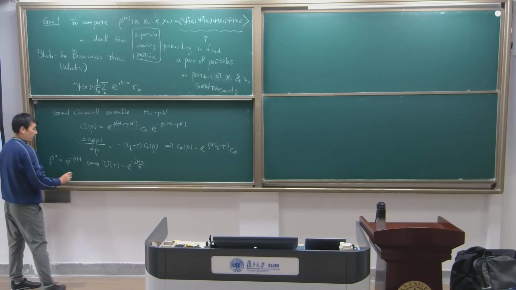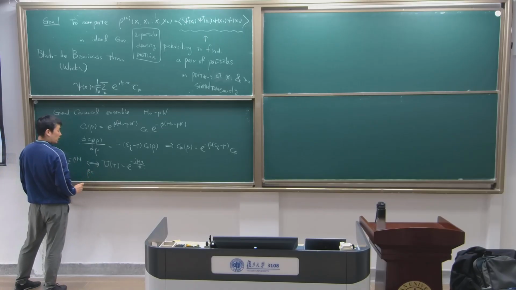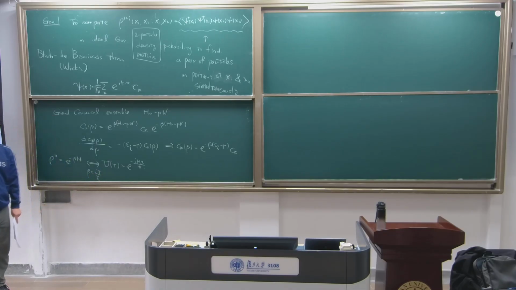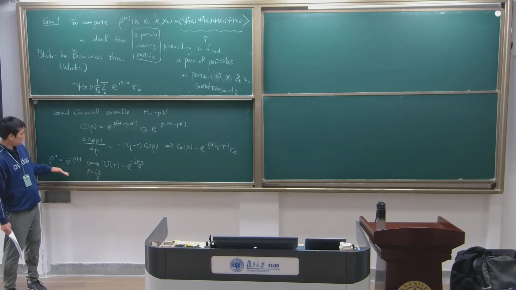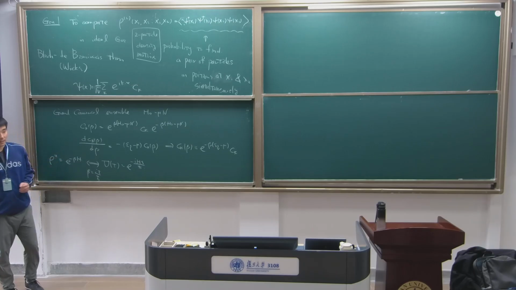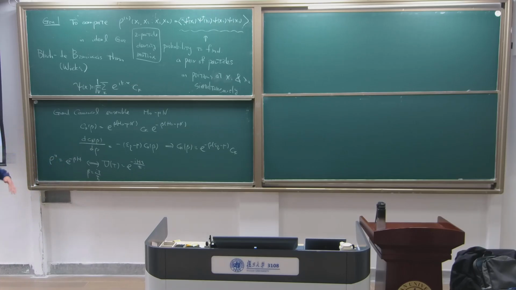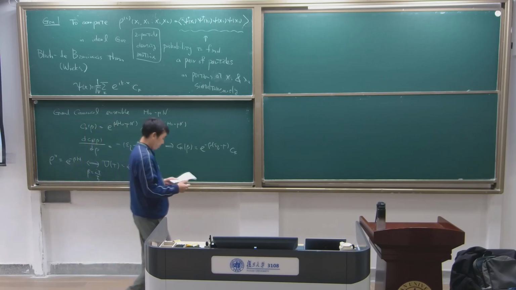So here beta and t are related by it over h bar. So beta can be understood as an imaginary time, and this unnormalized density matrix can be understood as an imaginary time evolution.